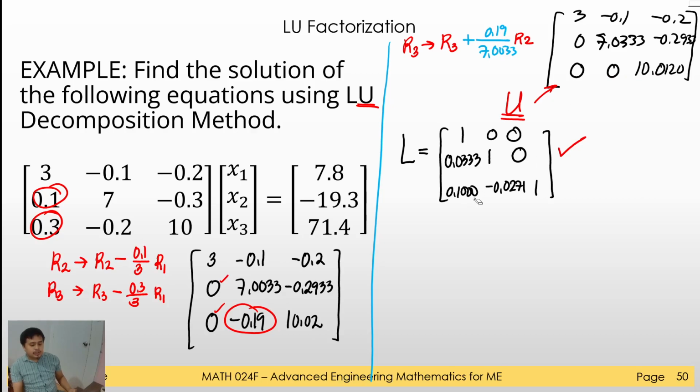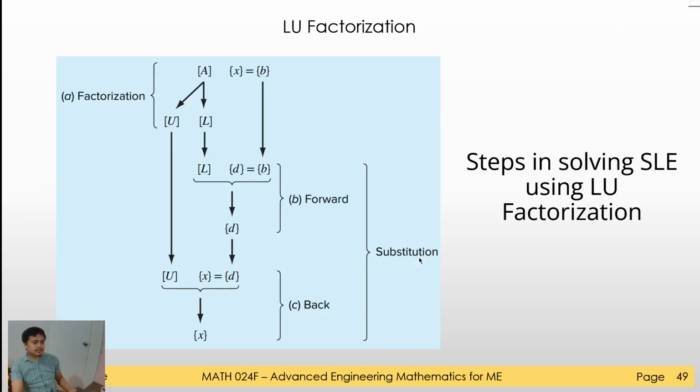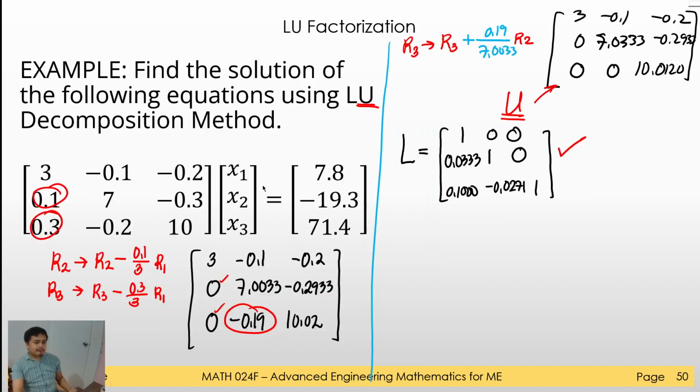So what's next? If you can remember, we want to utilize this L and B to solve for D. So we have LD is equal to B. To solve this, we will utilize forward substitution. So basically, your L matrix here is 1, 0, 0, 0.333, 1, 0, 0.1000, 0, 1.